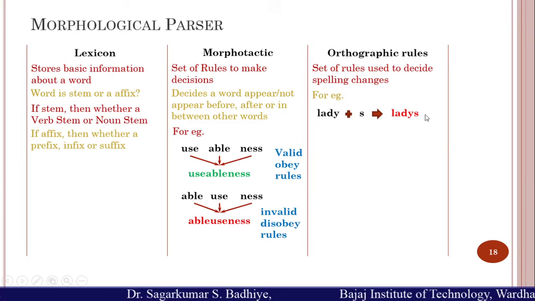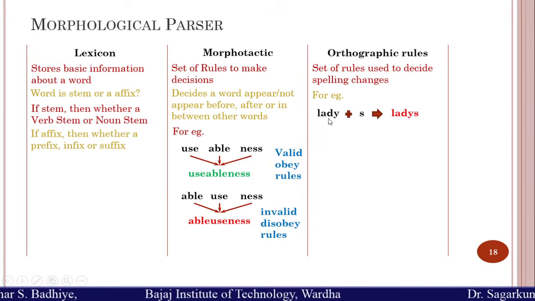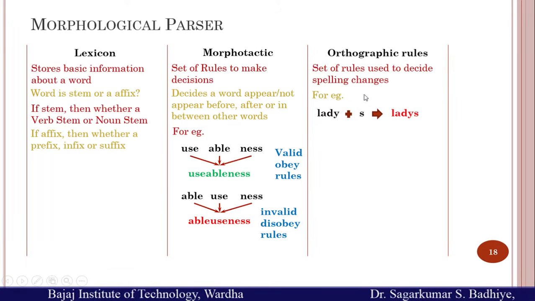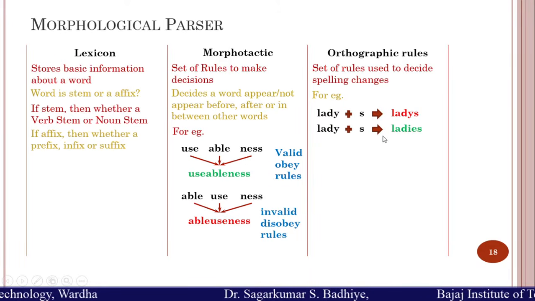This is an incorrect transition of lady to plural, right? This is incorrect. So there are certain rules that decide the changes of the spelling, how these changes should be done. These rules are called the orthographic rules. Here it does not obey the orthographic rules, therefore this is incorrect.